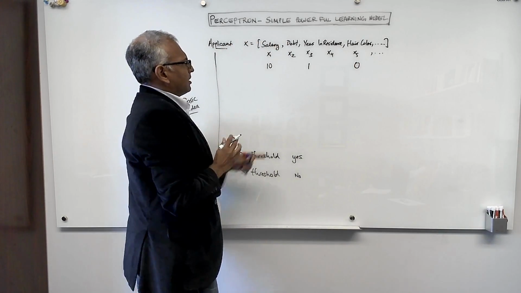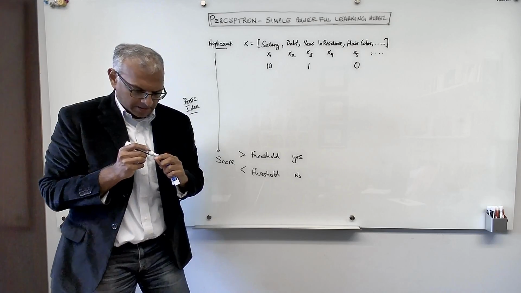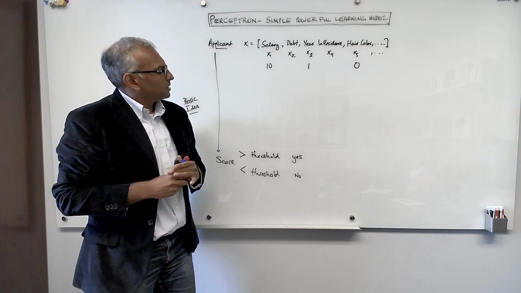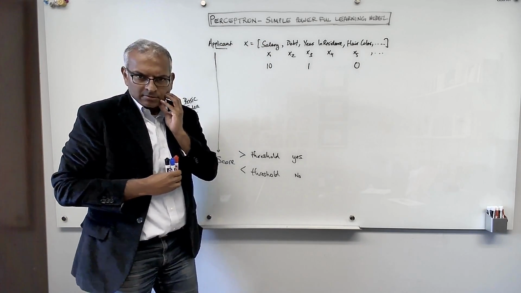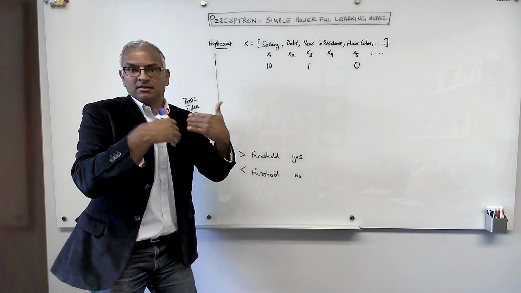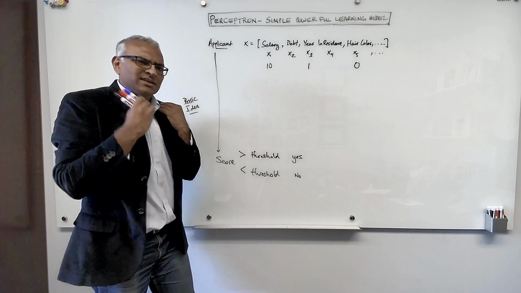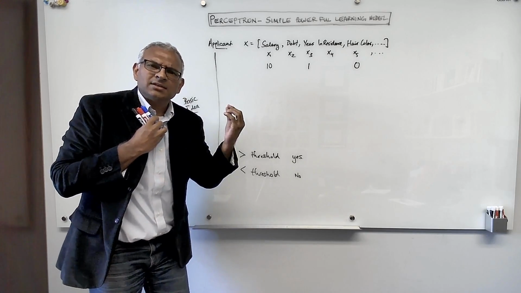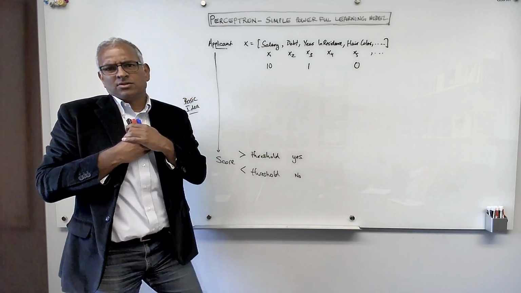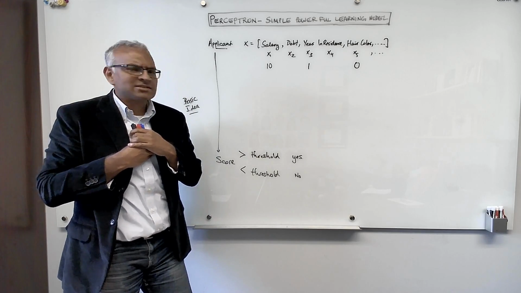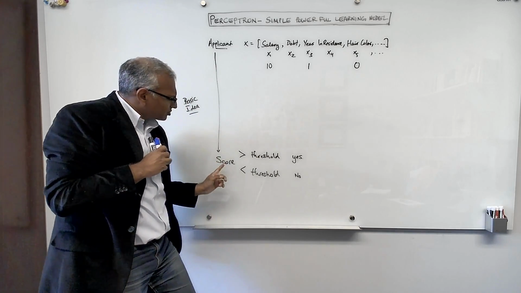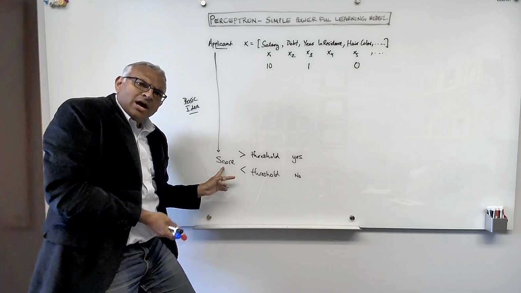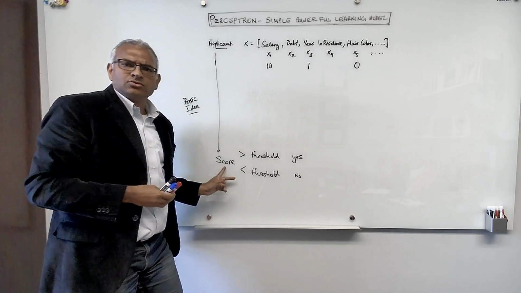Okay, and now what about debt? Debt is an interesting guy. Debt is an important factor in deciding whether or not to approve credit. But the higher your debt, the less likely it is that you should get credit. And this score is such that the higher the score, the more likely you should get credit.